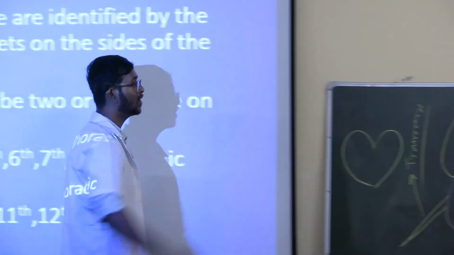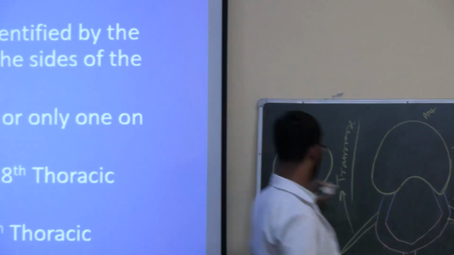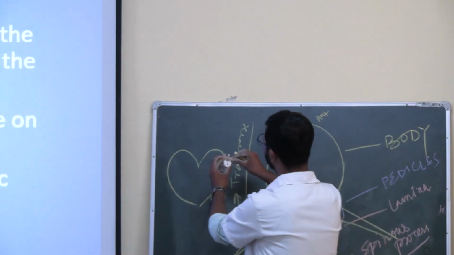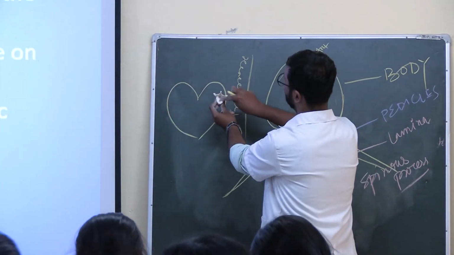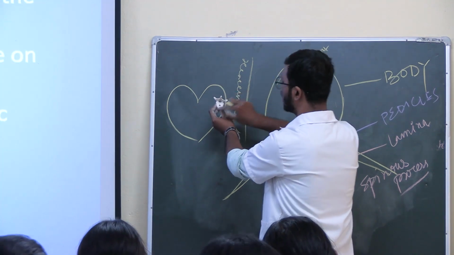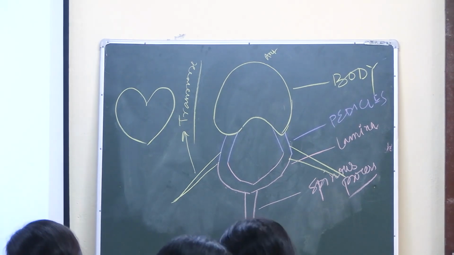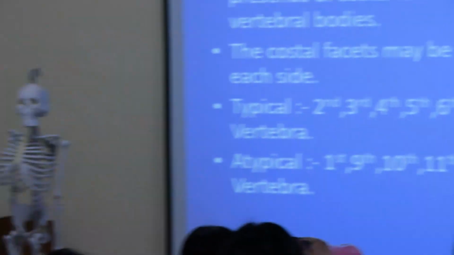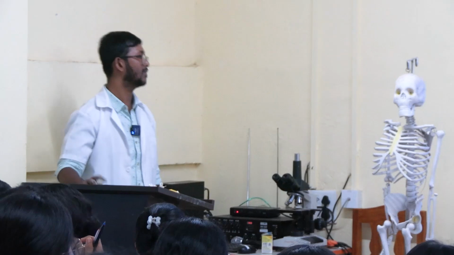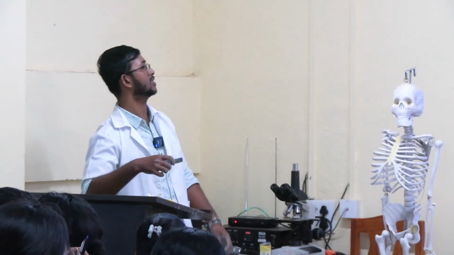I am drawing a yellow heart. So the body of the thoracic vertebra is in the shape of a heart. Similarly, there is a different shape for cervical vertebra, kidney shape. You will study that in the subsequent classes.